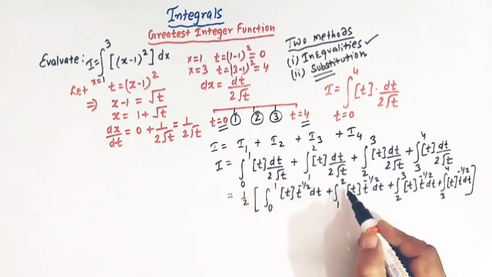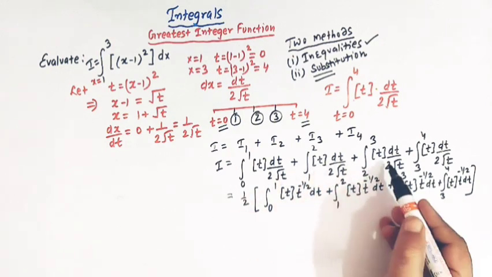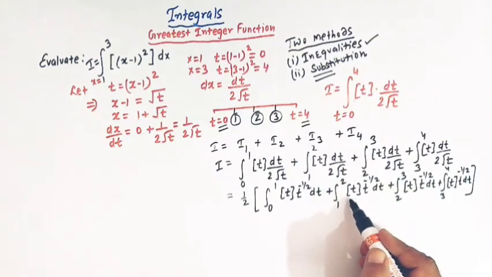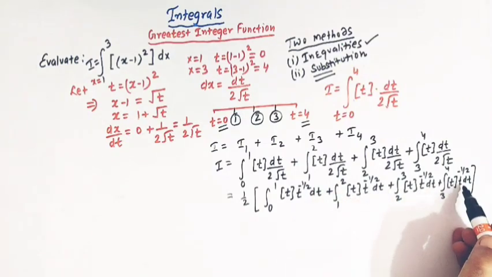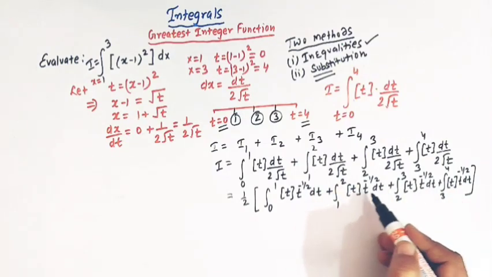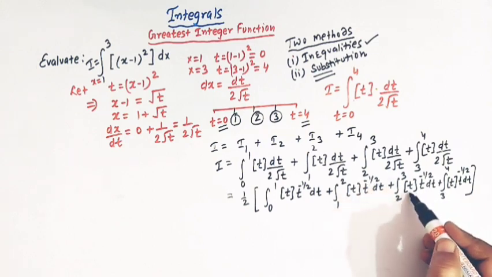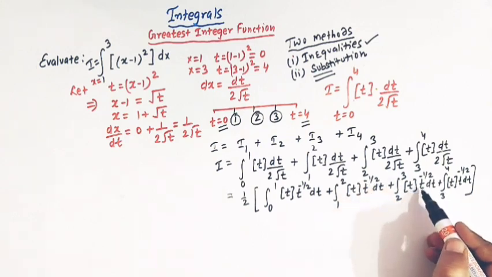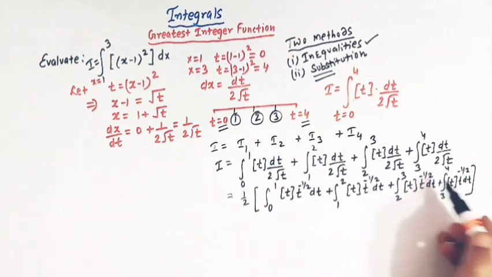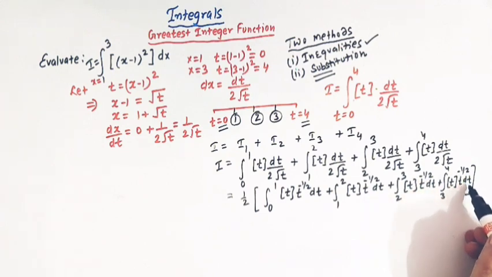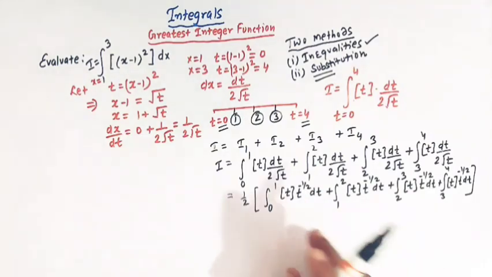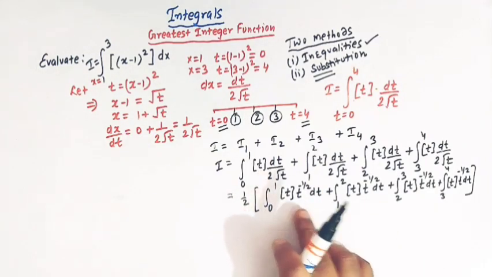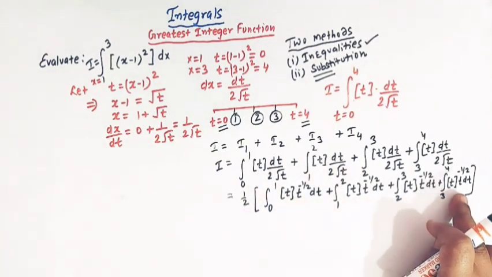Similarly, in all these integrals we have the same integrand, the greatest integer of t times t raised to minus half, dt. Now we will evaluate these four integrals.